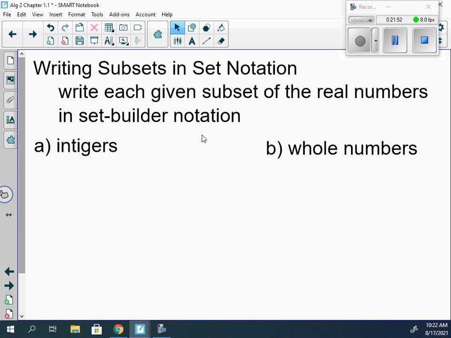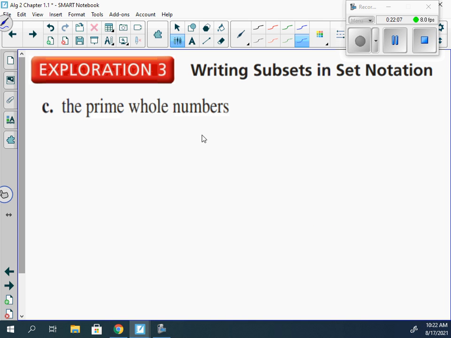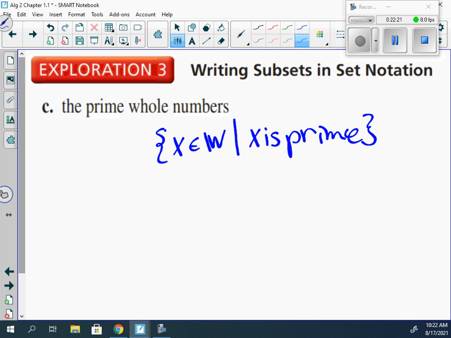I'm not worried about prime numbers, because I feel like they're going to be cheap anyways. Say x is a whole number such that x is prime.